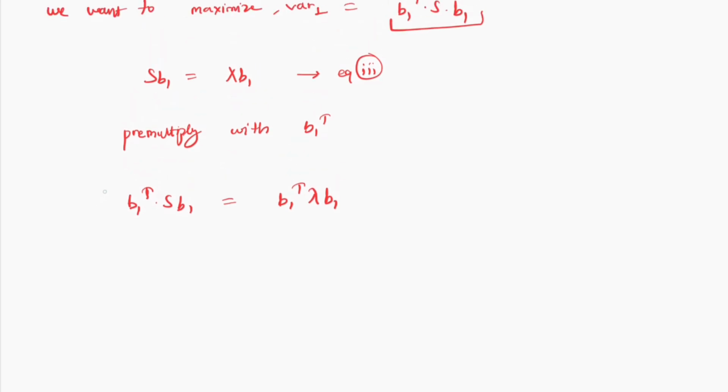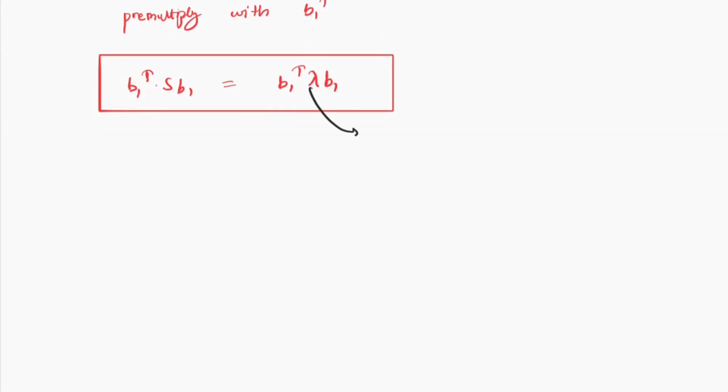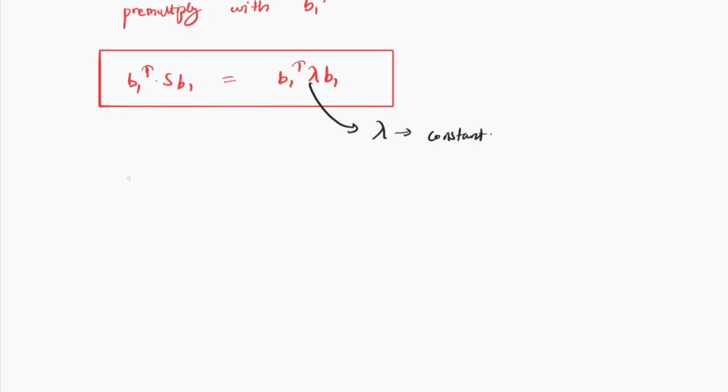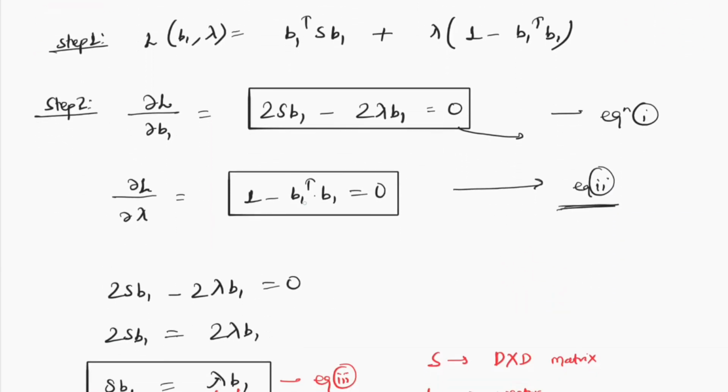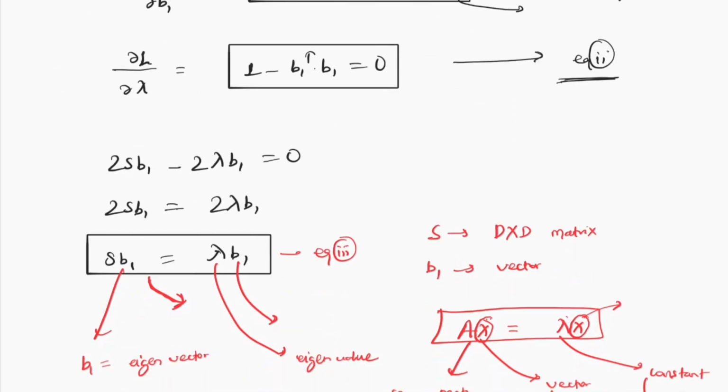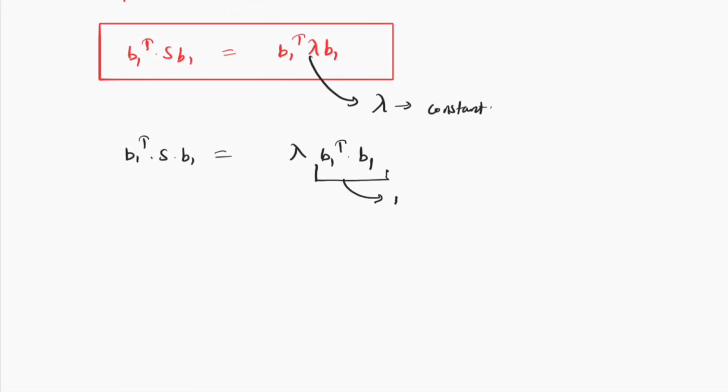When you pre-multiply you get this value, and remember that lambda is a constant, so you can always keep that constant outside of the multiplication. Lambda can be taken out from the middle. And b1 transpose dot b1 is nothing but what we got in equation 2, so you recall b1 transpose dot b1 is 1, so this value becomes 1.